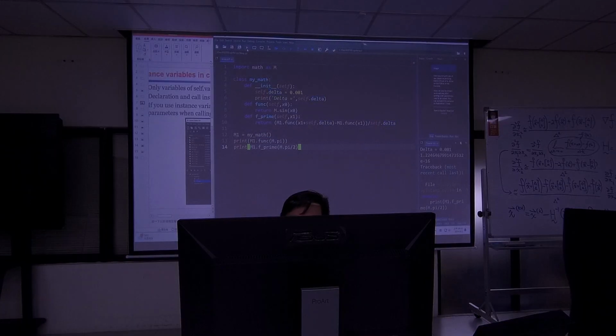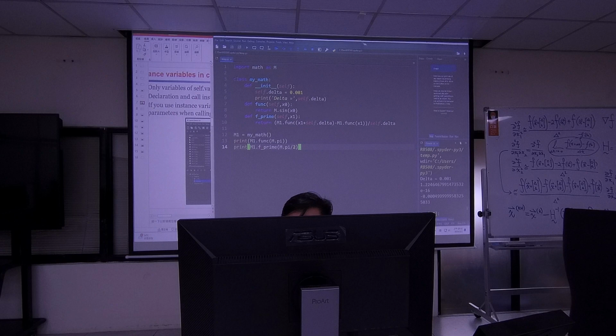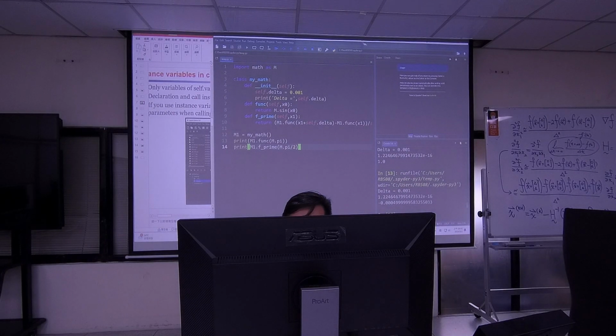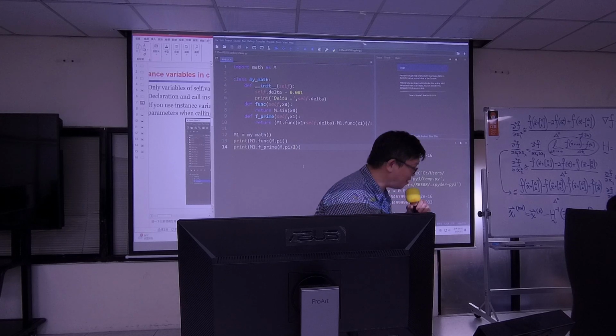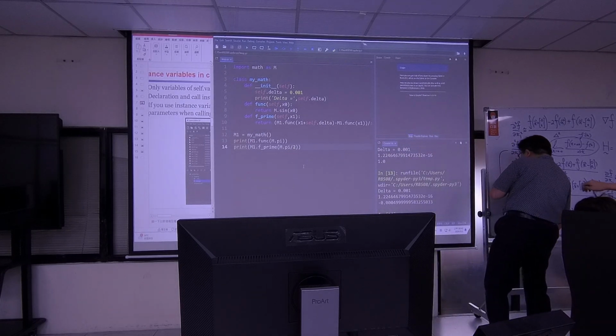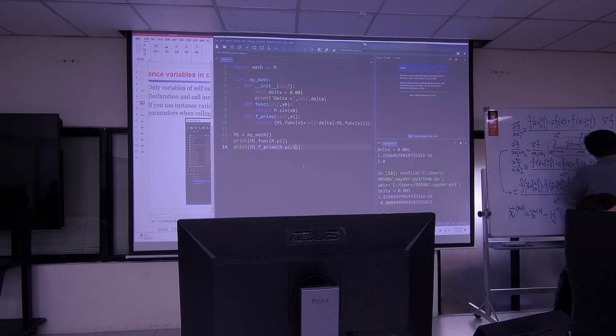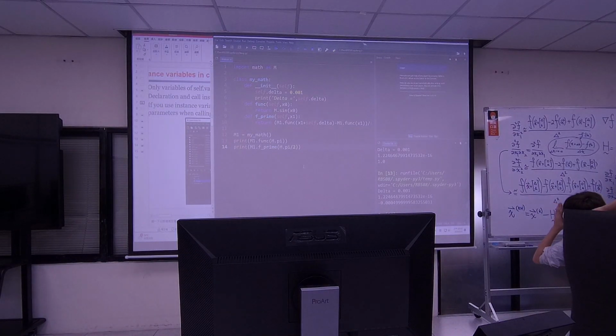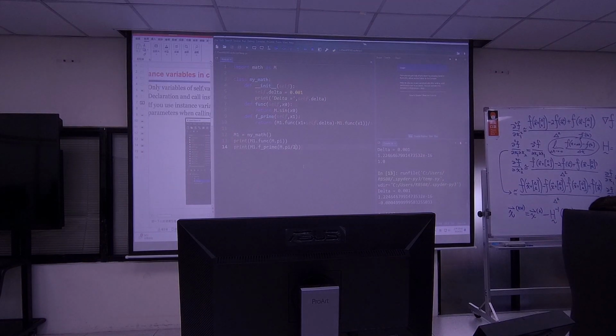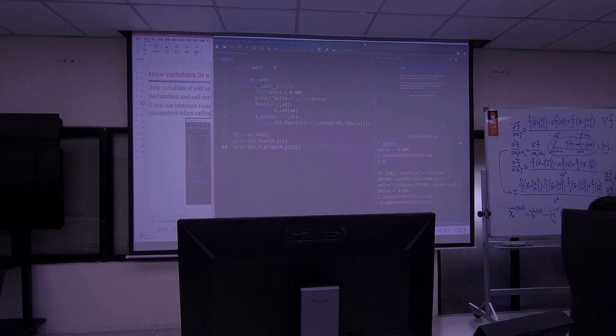So let's see. At the end, okay. Let's think about math. This is sine, right? Sine at pi equals 0, right? So sine prime at pi actually equals cosine pi. So cosine pi should be -1, right?